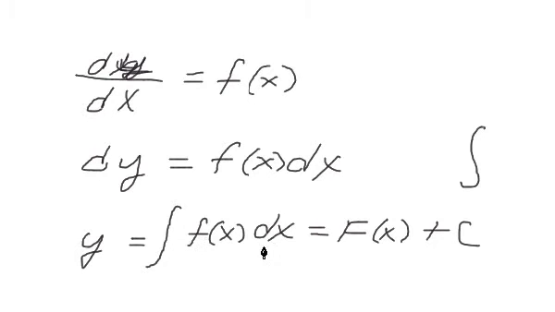So let's look at this here. This is known as the variable of integration, and this is called the integrand. I'm going to be repeating this stuff over and over again, and eventually you'll get it. And this is known as the constant of integration. So the integrand, the variable of integration, and of course the constant of integration.